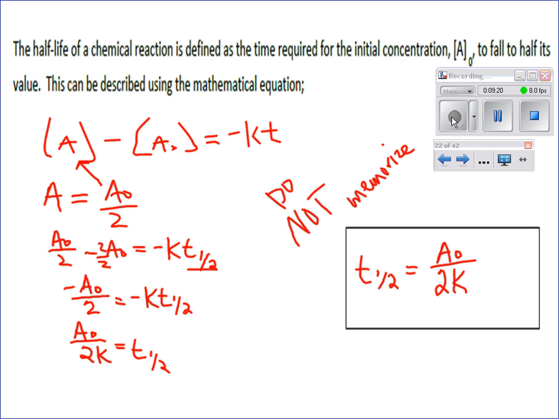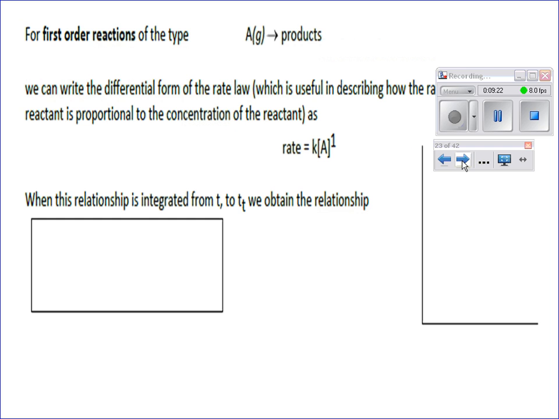Let's go on and talk about first order. And again, I'm sure you're wondering what any of this has to do with anything. Just hang with me. We'll get to the important stuff once I've gone through everything. So here we have an integrated rate law for a first order. To get that, they integrated a first order rate law to get the following: ln of A minus ln of A naught is equal to negative kt.